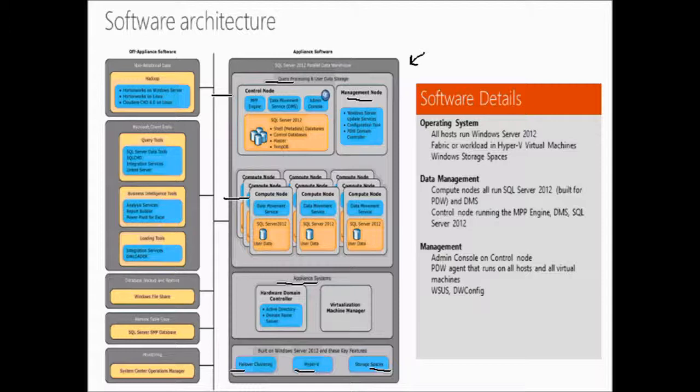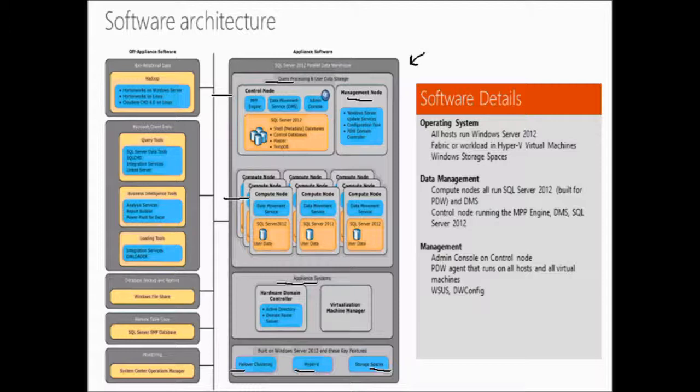All these servers, you see, each node consists of a server. These servers use Windows Server 2012, both physical servers and virtual servers. In order to have high availability, we are benefiting from Hyper-V virtual machines failing over between physical computers.